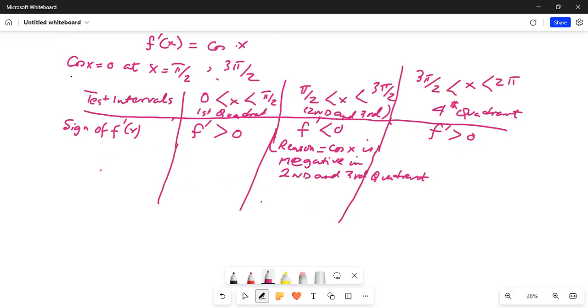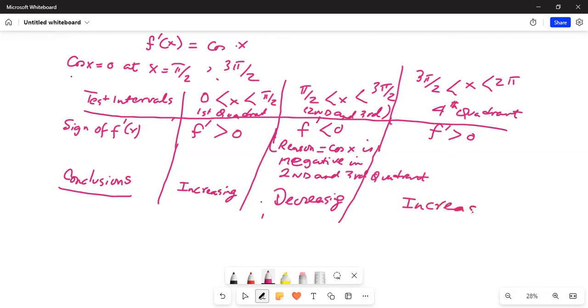Okay, so our conclusion is in the first quadrant, since f prime is greater than 0, therefore the function is increasing here. Here f prime is less than 0 in second and third, so it is decreasing. And then in the fourth quadrant, it is increasing. Again, f prime is greater than 0.